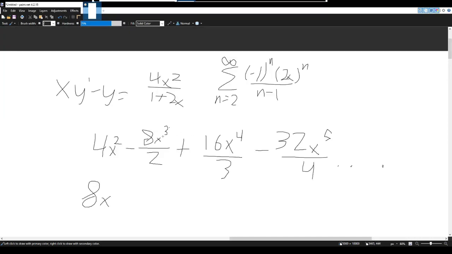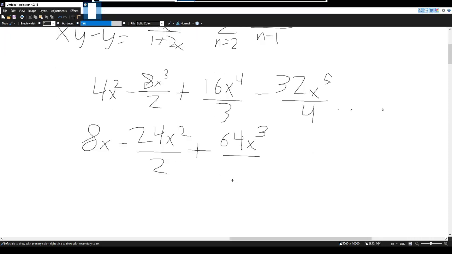So 8x, and then that would be minus what? 3 times 8, 24x squared over 2, plus what? 64x to the third over 3, and then minus 32 times, I don't know this one, 32 times 5, 160, 160x to the fourth over 4, and etc. So this is y. Now this is y prime, right? This is the derivative of y.